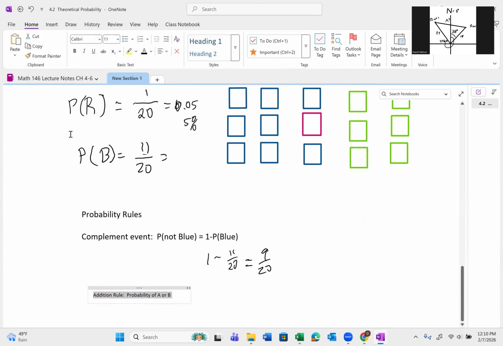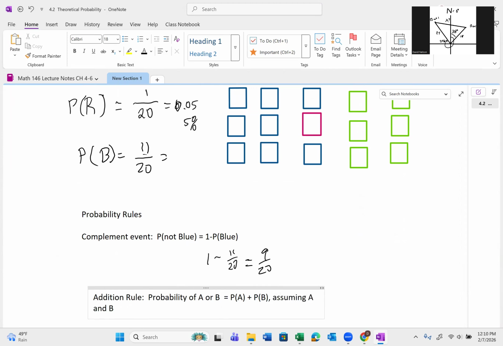If you're looking at two options, multiple ways of winning, typically we'll look at two different options there. The probability of A or B is the probability of A plus the probability of B, assuming A and B are mutually exclusive.